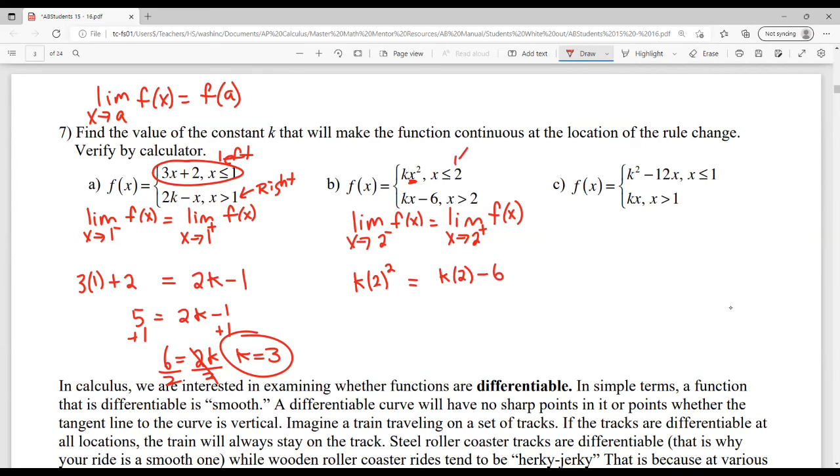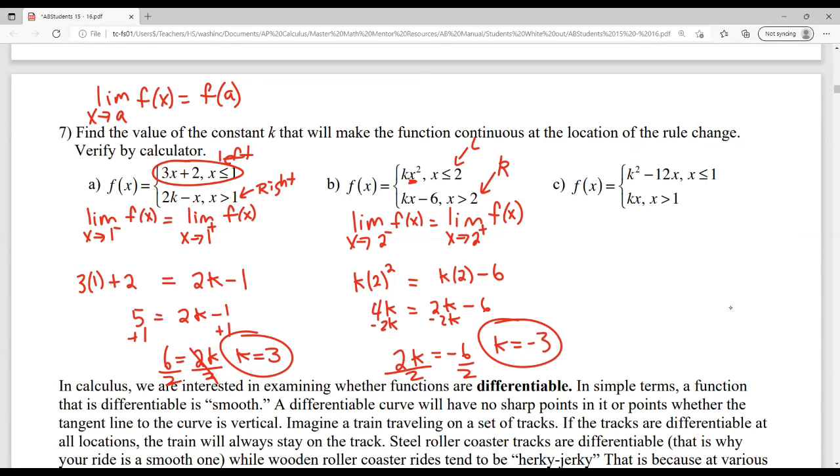So we get 4k is equal to 2k minus 6. We can subtract 2k from both sides. 4k minus 2k is 2k. That equals negative 6. Divide both sides by 2, and we get k is equal to negative 3.